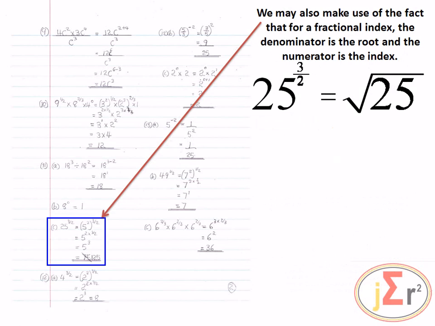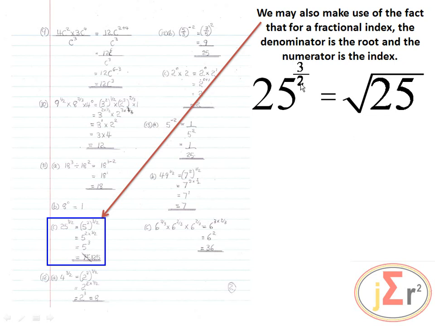We may also make use of the fact that for a fractional index, the denominator is the root and the numerator is the index. There is no doubt that we have a fractional index right here. For sure, the index is a fraction.